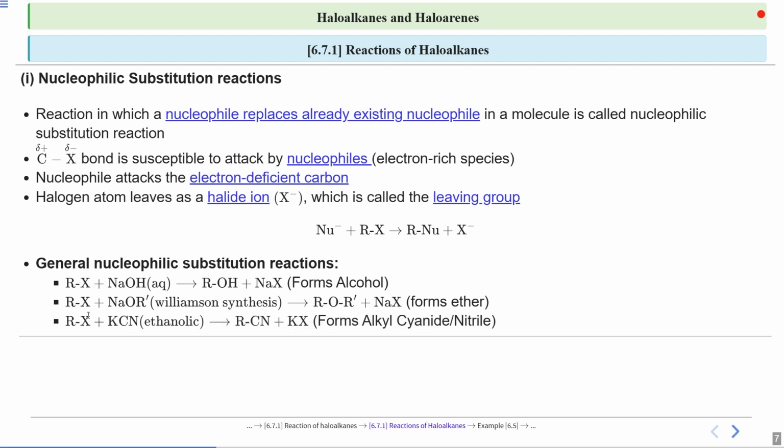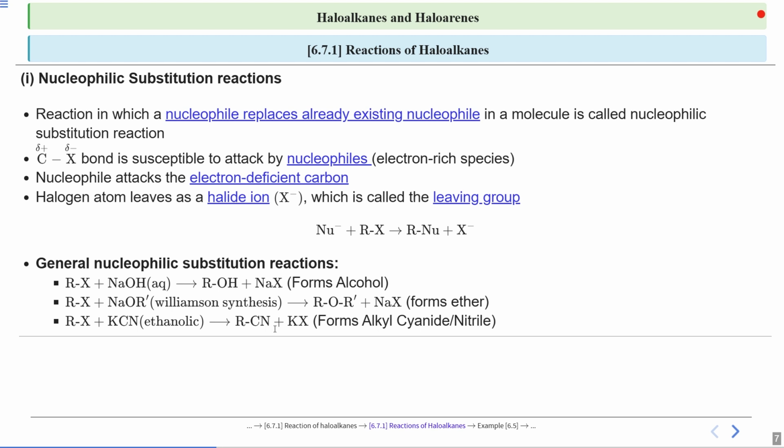The next nucleophilic substitution reaction shown by haloalkanes is where RX, the haloalkane, reacts with potassium cyanide, KCN. This is ethanolic, or alcoholic, potassium cyanide, and it gives you RCN plus KX. So you are getting alkyl cyanide, or nitrile, as your product.